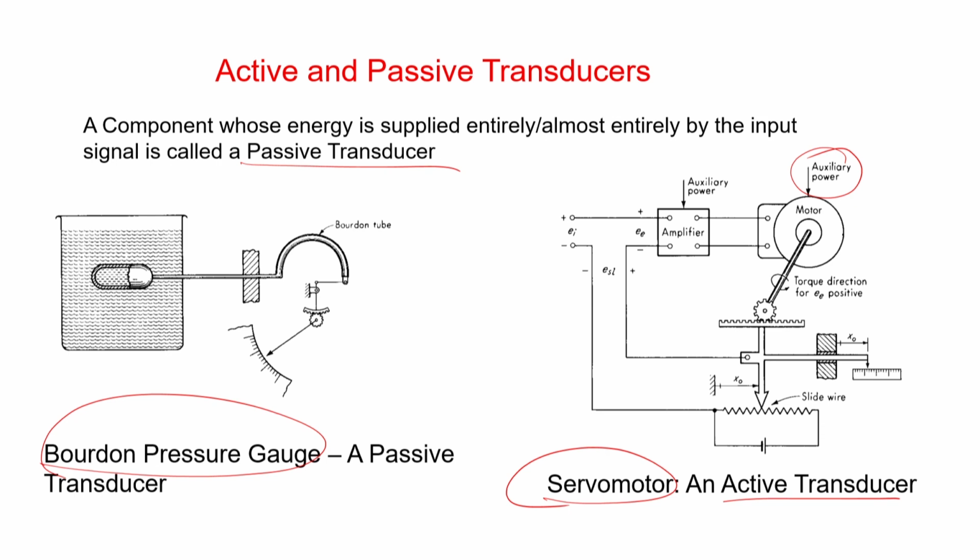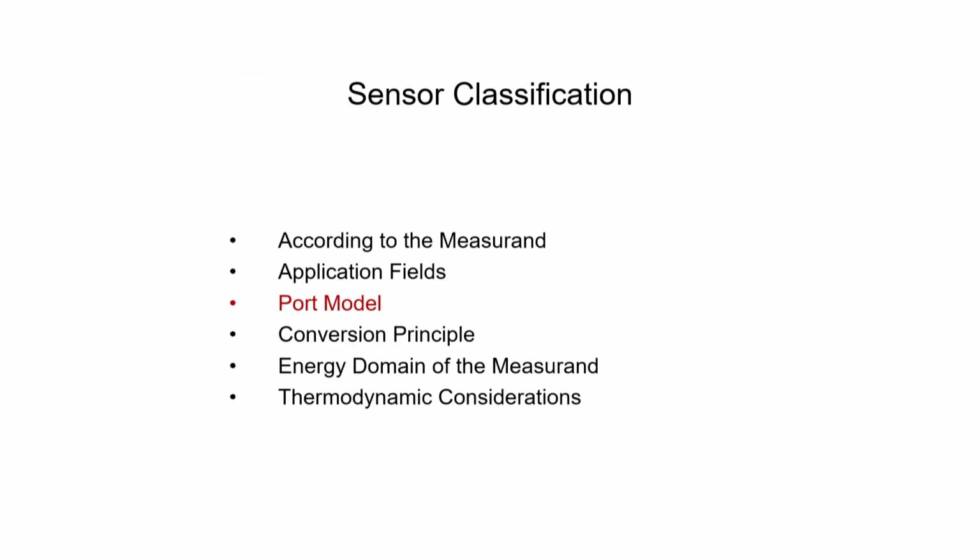Now we can have different types of sensor classifications. One can be based on the type of measurement that I am actually trying to measure. So some is measuring a pressure, some is measuring a distance, some is measuring a tilt, depending on the measurement. Application field can be another. Okay.